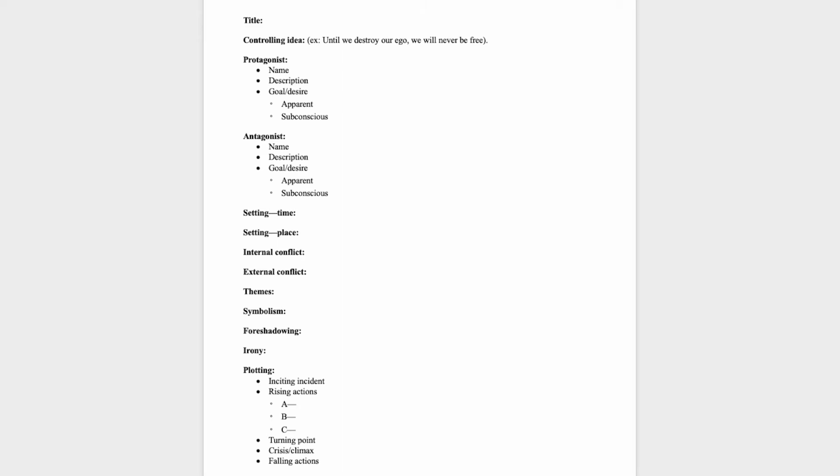Now, to that effect, your force of antagonism could be nature, right? Or something like that. Even though you can't necessarily give it an apparent goal, in that sense, you still want to define your force of antagonism better. The more you define it, the stronger your work will be, okay?